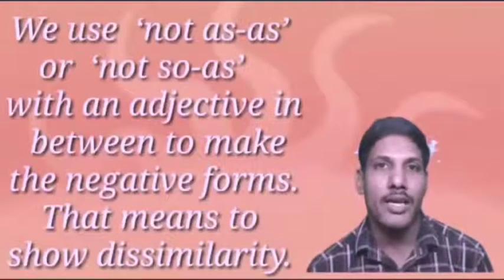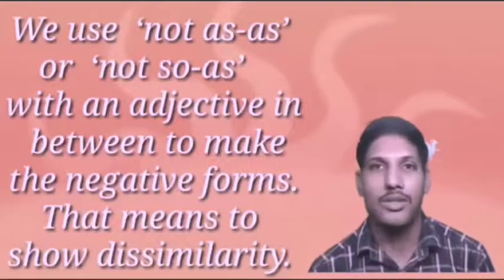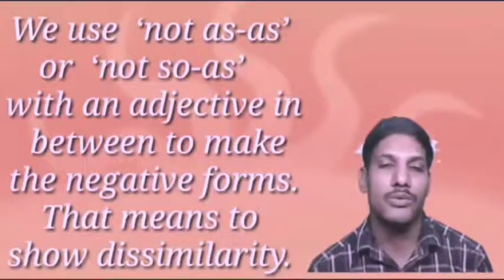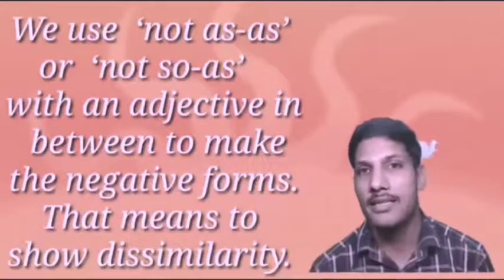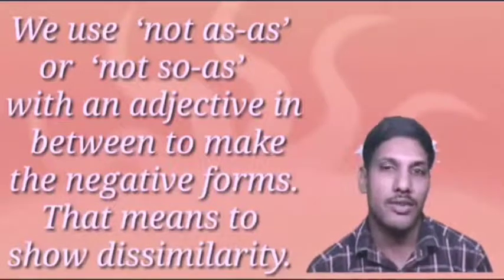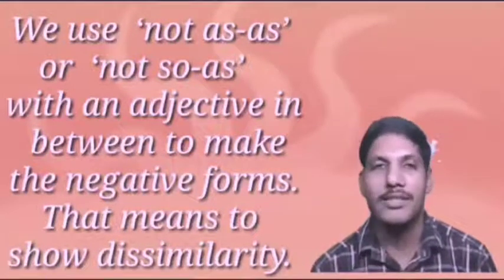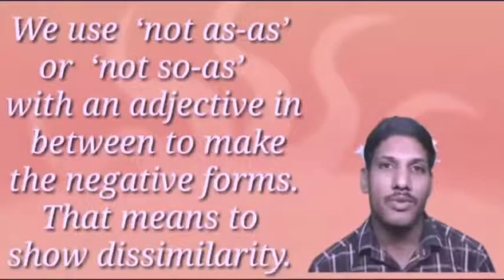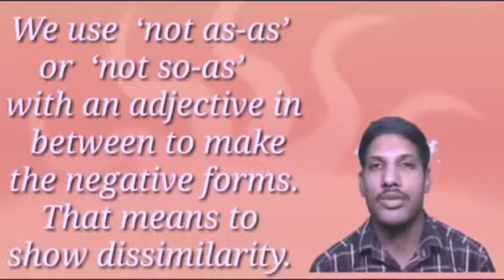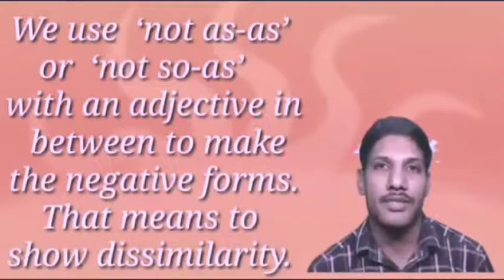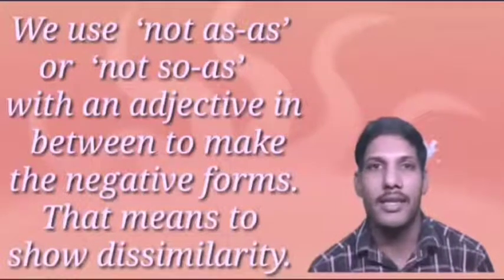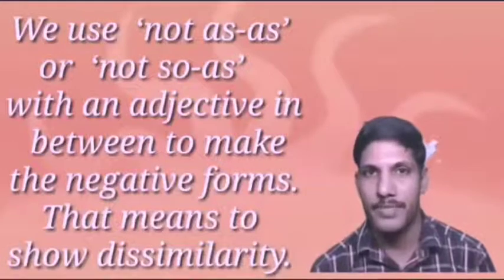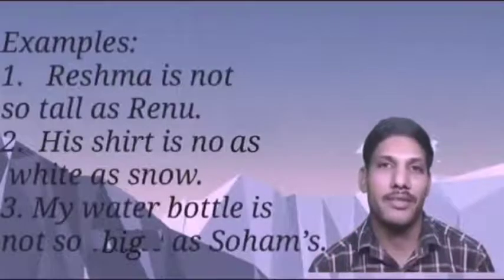We use not as or not so as to show the dissimilarity between two persons or objects. This means we use the negative forms to show how two things are different from one another in the same aspect.